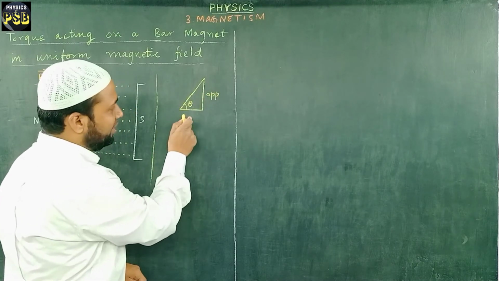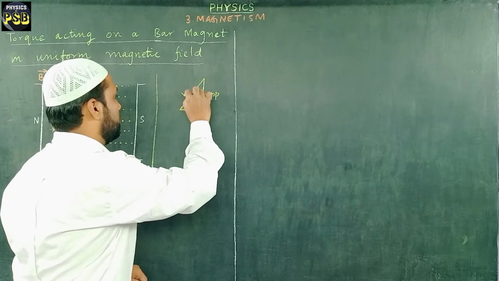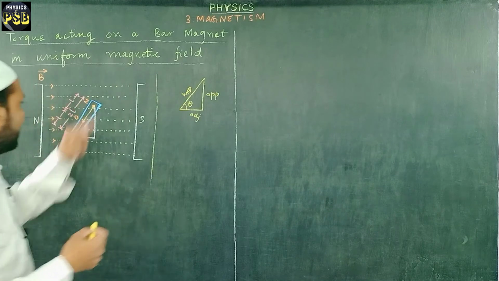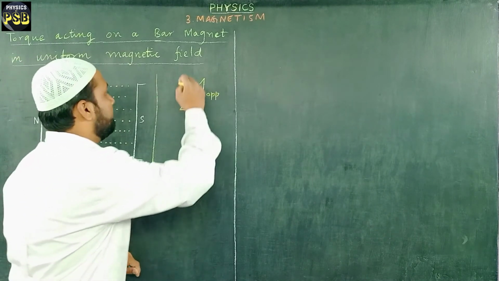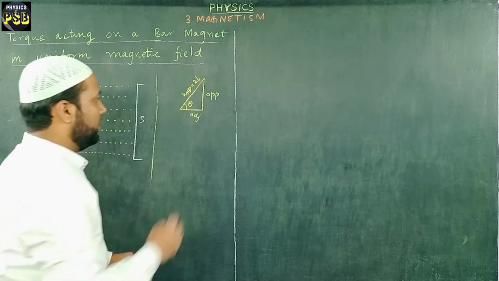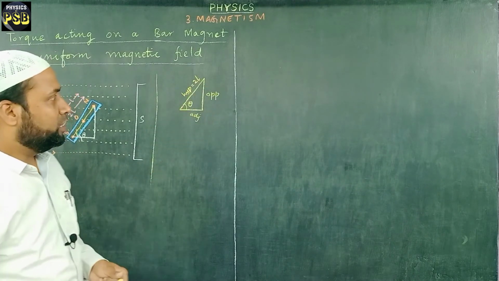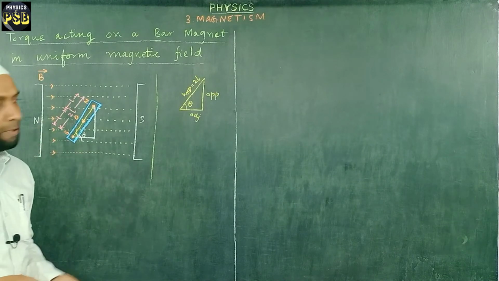This is the adjacent side. And this one is the hypotenuse. And from the diagram, the length of the hypotenuse is nothing but 2L. Clear? And the length of the opposite side is unknown. This is what I am going to find out, which provides us the perpendicular distance.